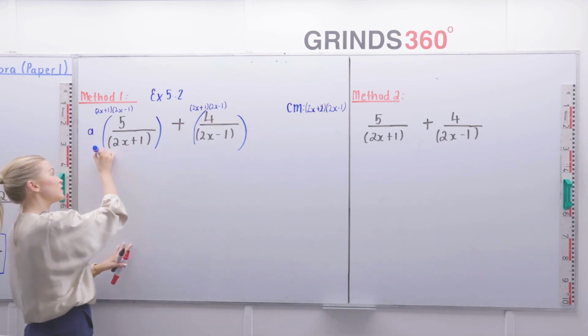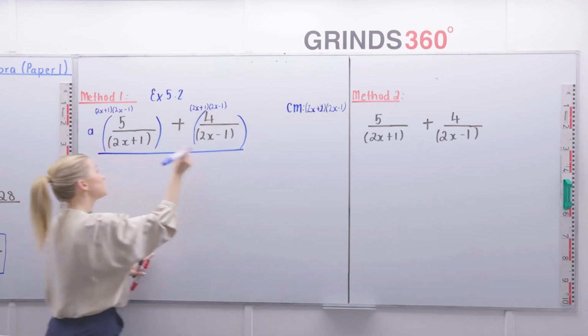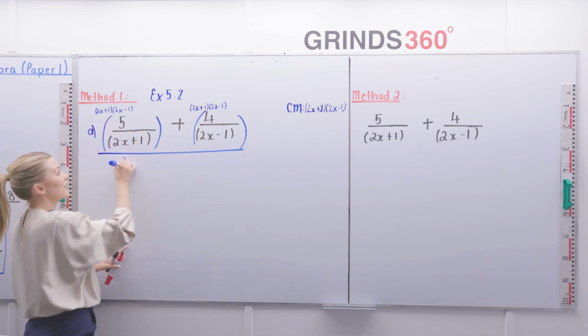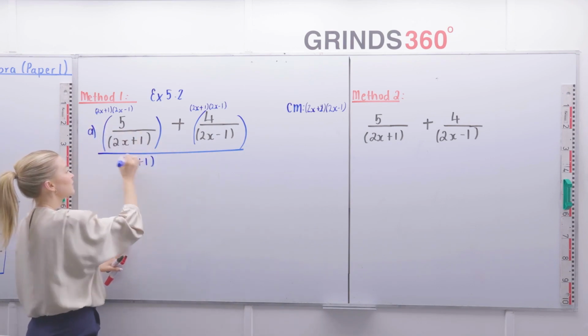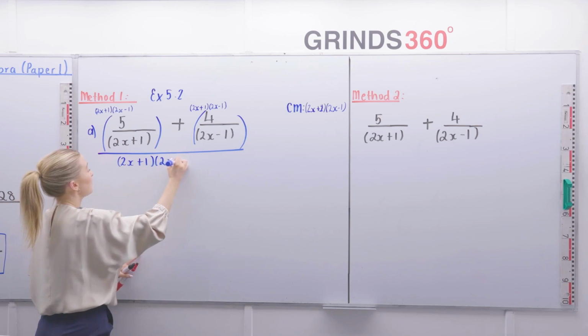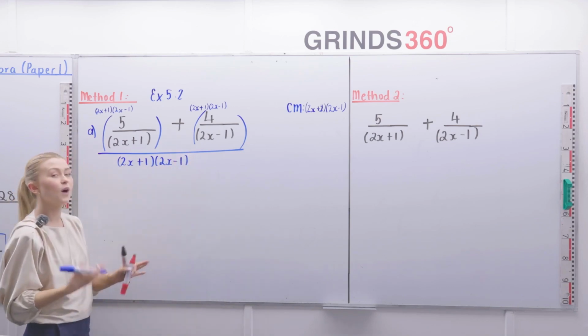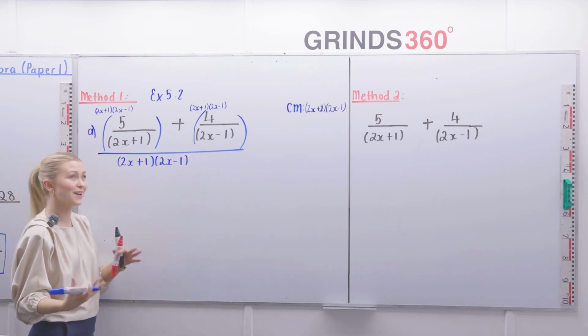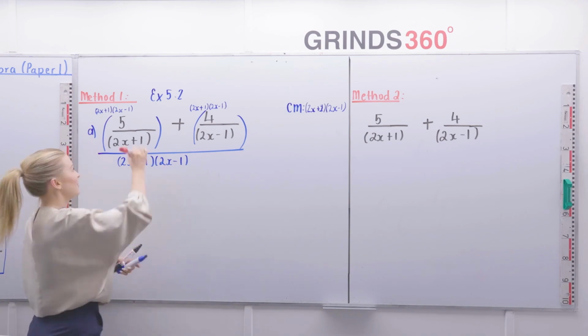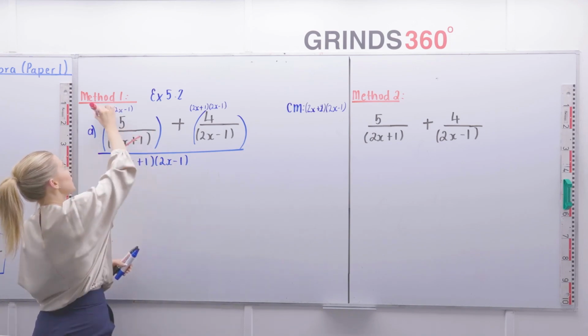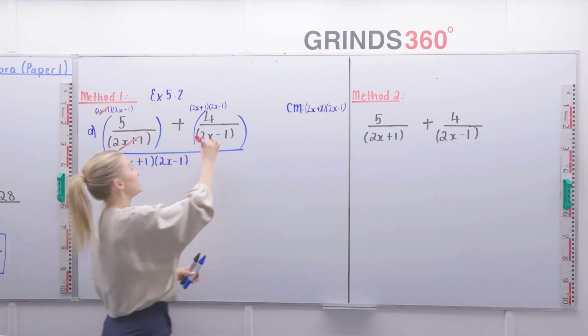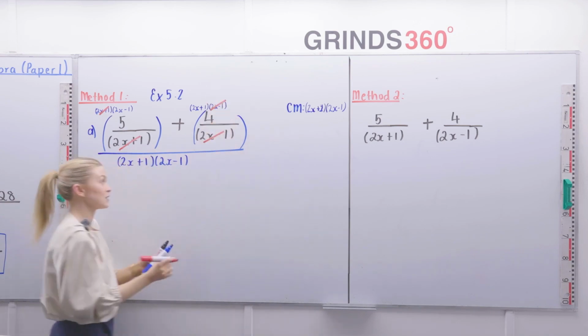And what I'm then going to do is the same idea as before. I'll divide it all by 2x plus 1, 2x minus 1. So I'm multiplying both sides by the denominators and dividing. 2x plus 1 goes into 2x plus 1 once, 2x minus 1 goes into 2x minus 1 once.